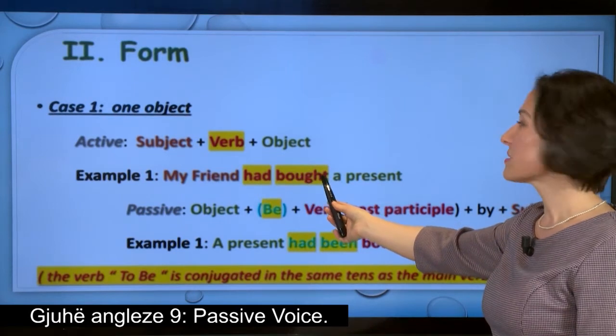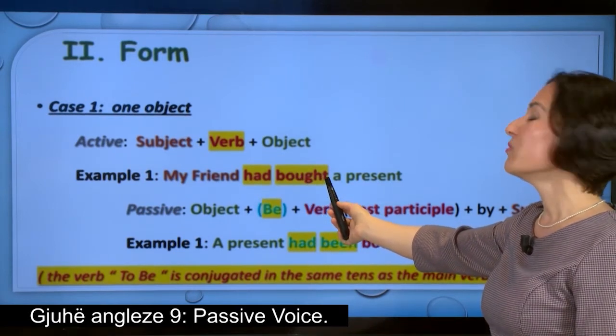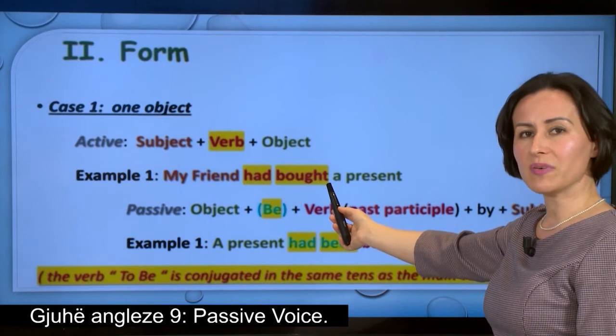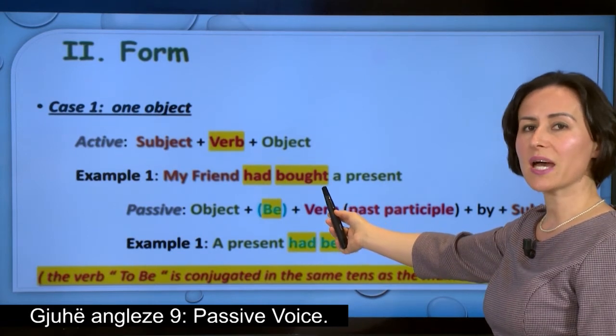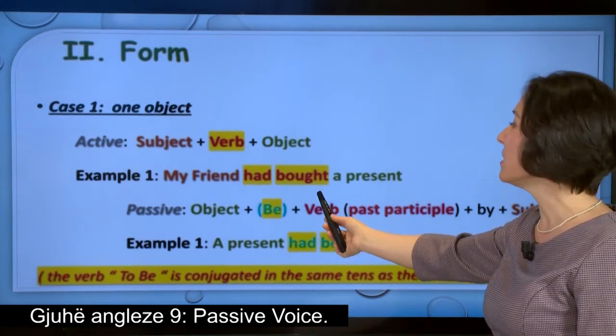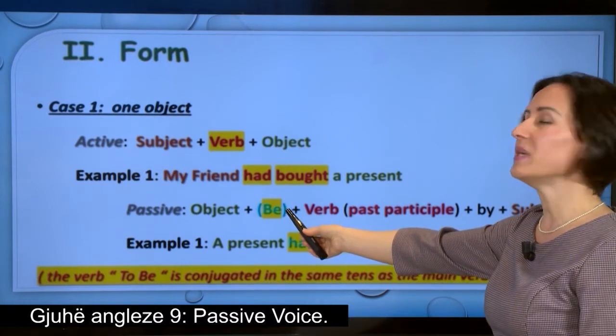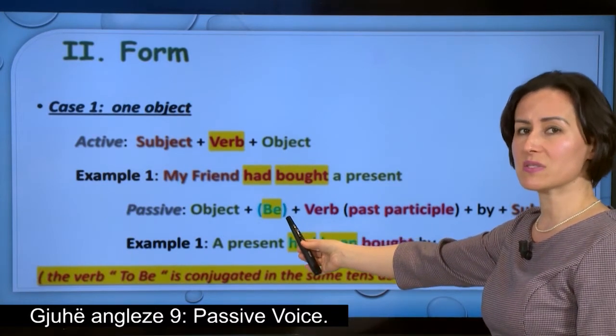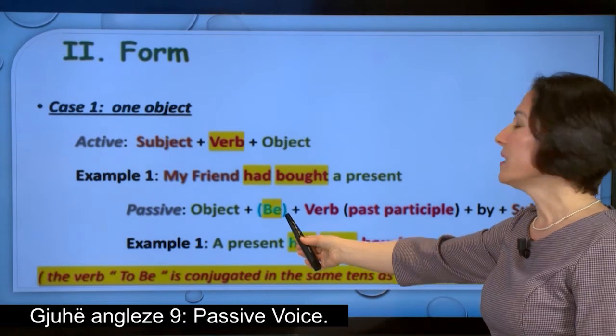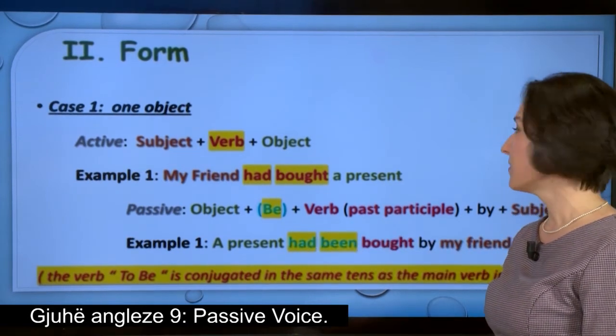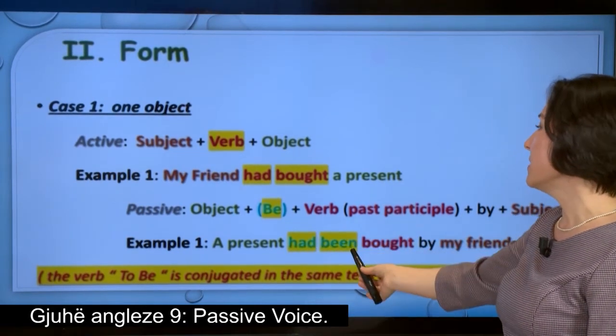In our case, we have the verb buy in the past perfect tense, which is had bought. So we need to make use of verb be in this specific tense. Be in the past perfect is had been.